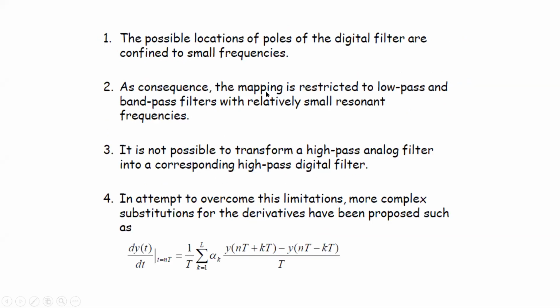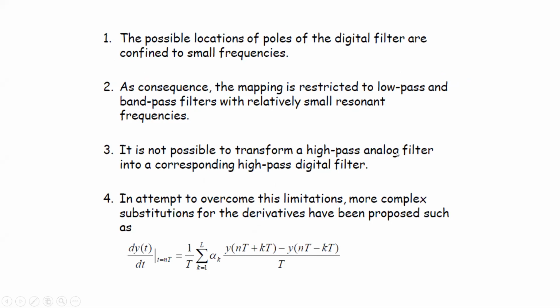As a consequence, the mapping is restricted to low pass filters and band pass filters with very small resonant frequency. It is not possible to transform a high pass analog filter.